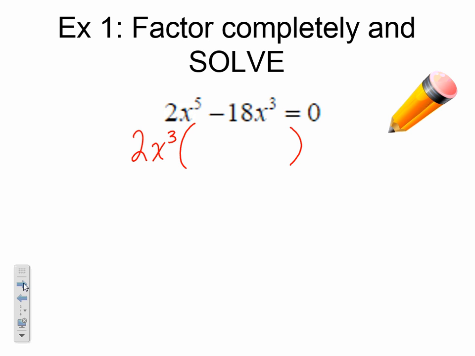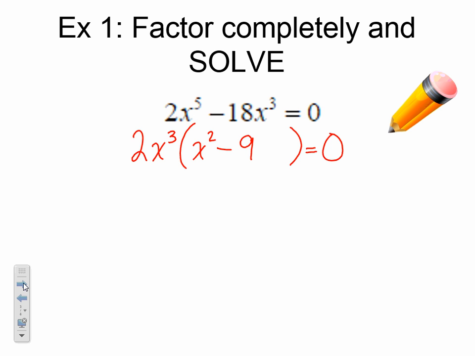This first part becomes x squared, because x to the fifth means x times x times x times x times x, and I chose to take out 3 of them. And minus, 18 divided by 2 is 9, and no x to the thirds there because I've taken those out. Equals 0 is still hanging out on the other side. That's going to come in handy when we go ahead and solve.